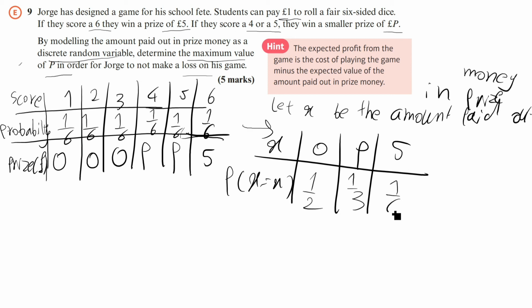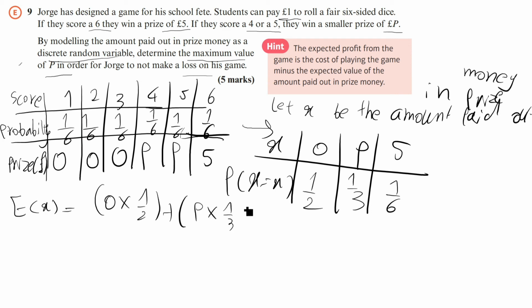Now the next step is finding the expected value of this table. It will be 0 times a half plus p times a third plus 5 times a sixth, so the expected value equals 1/3 p plus 5/6.